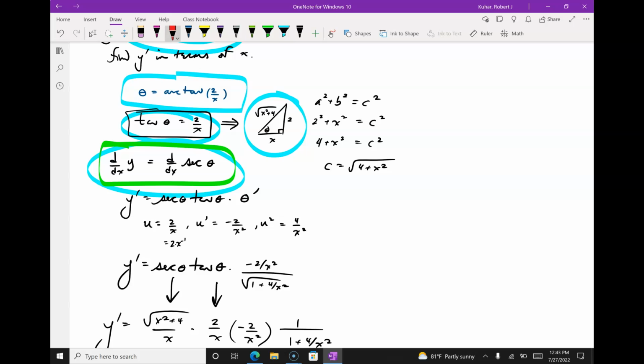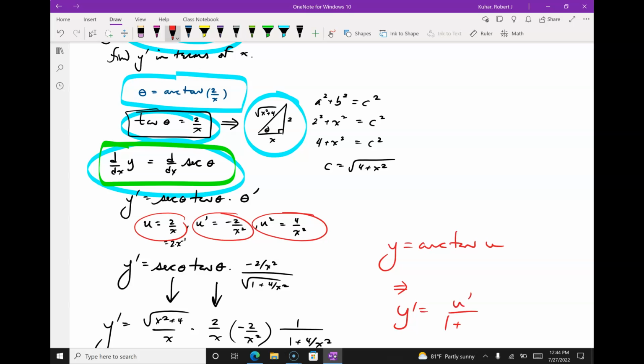I have to find u, u prime, and u squared. On our formula sheet, y equals arctan of u implies y prime is u prime over 1 plus u squared. And so that's what I did here. I put u prime over 1 plus u squared. Oh, I forgot that square root one. Thank you.